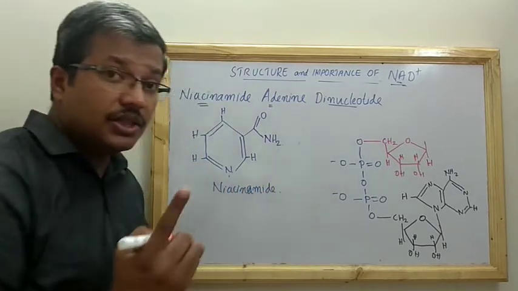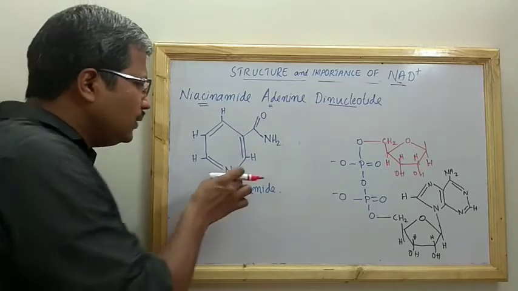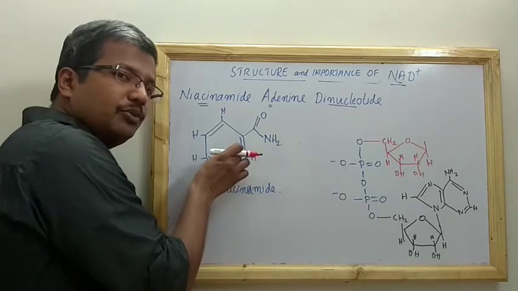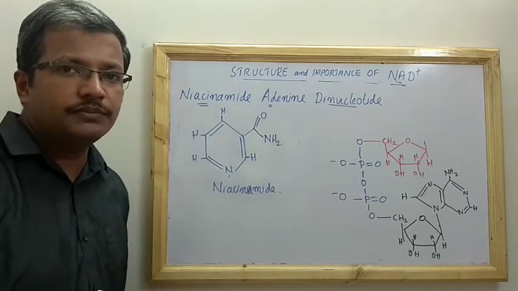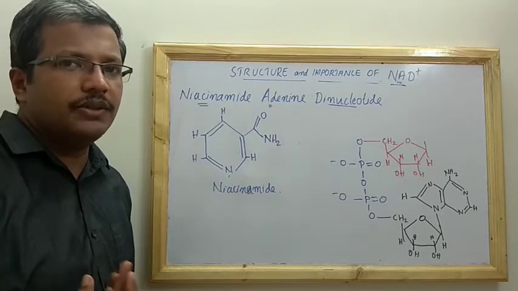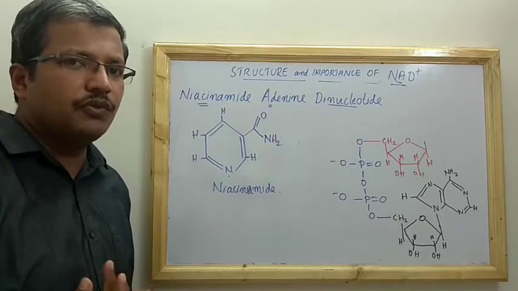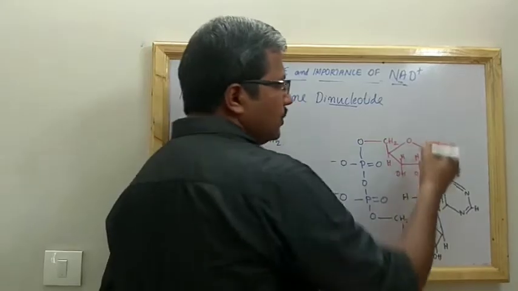We can see the change then. This particular nitrogen, when it is linking with that hydrogen, it will be gaining a positive charge because it will be having extra bonding. We know that the original valency is 3 and it will be changing into 4. Hope you got it.